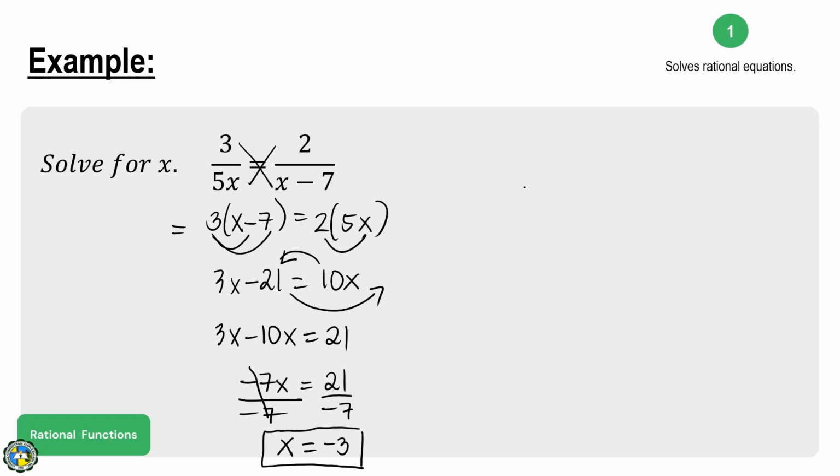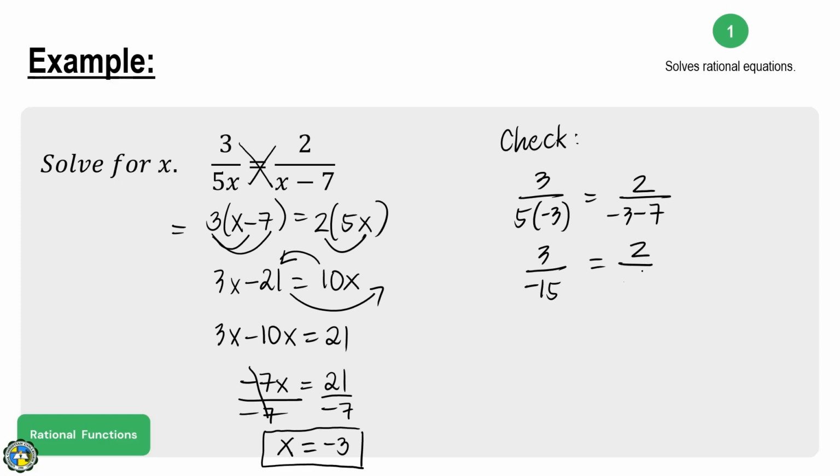And remember, let's check this for us to verify if negative 3 would really satisfy our given equation. So this will be 3 all over 5 times negative 3 equals 2 all over negative 3 minus 7. So we have 3 all over negative 15 equals 2 all over negative 10.